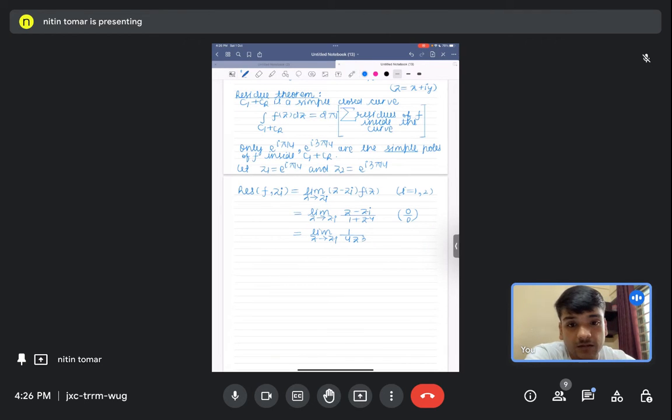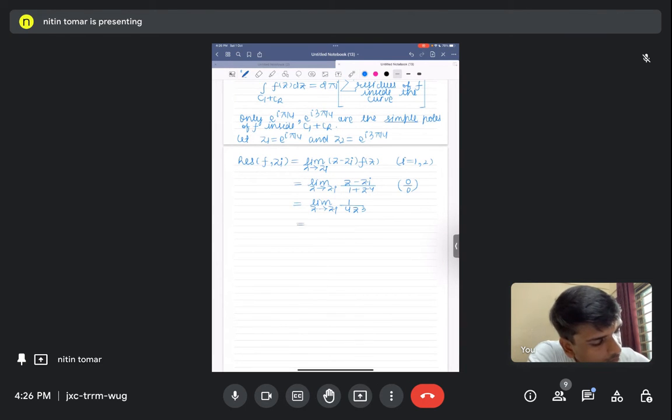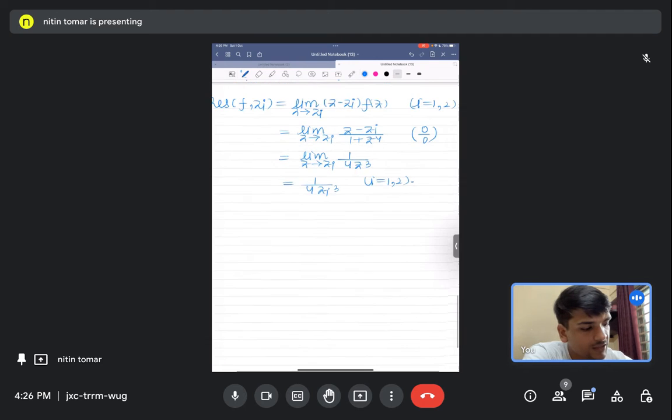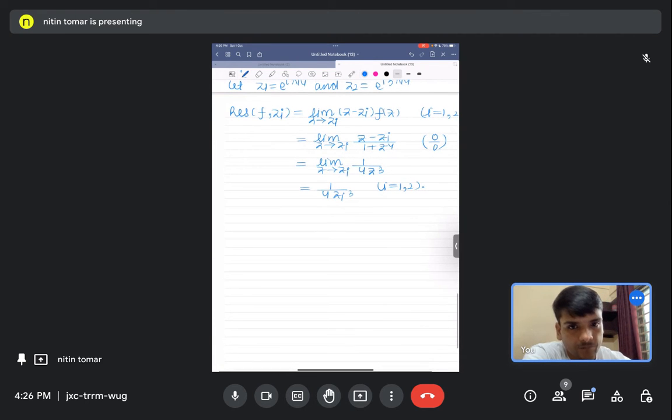If you apply L'Hopital, the value will be 1 upon 4 zi^3. Is this correct? So we just have to compute these values 1 upon 4 zi^3.